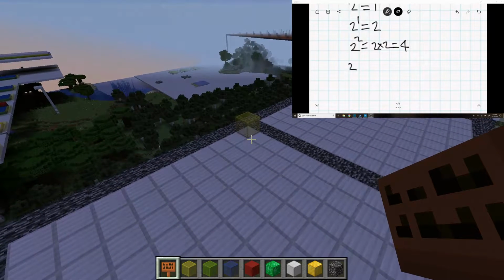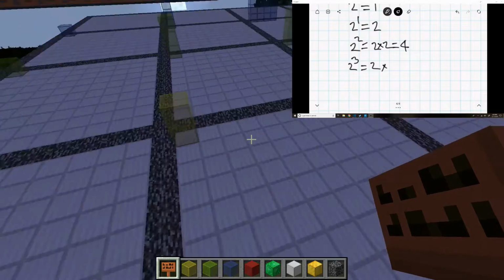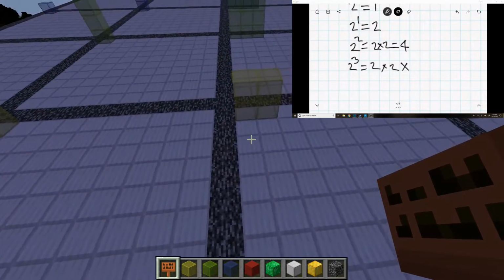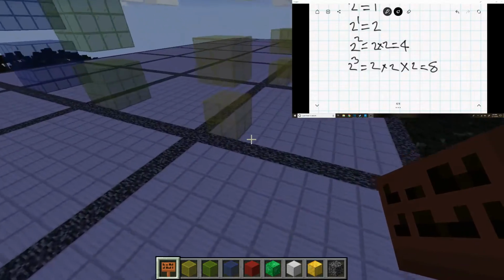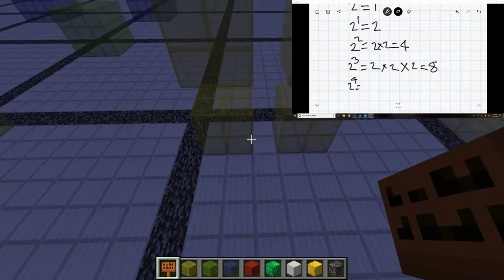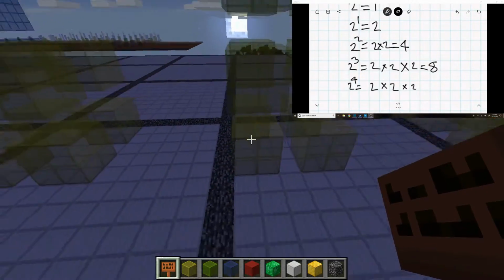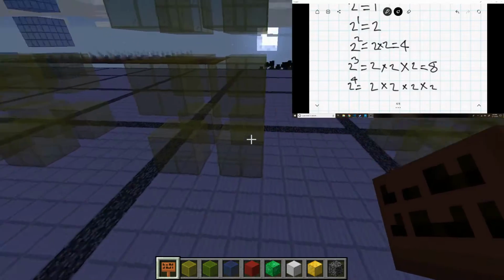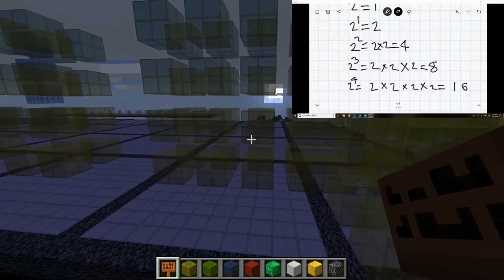Okay, so 0 power is 1, first power is 2, second power is 4, third power would be 8, fourth power would be 16, then we got 32, 64, 128, and then, oh gosh, I can't even remember exactly.